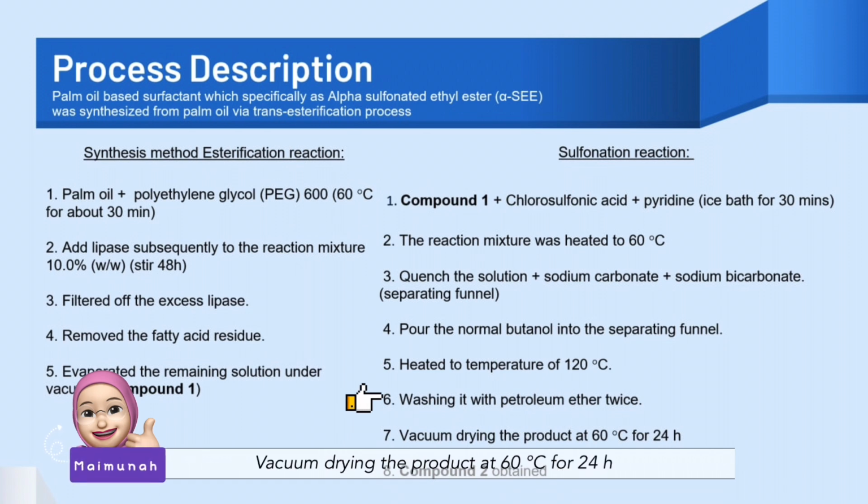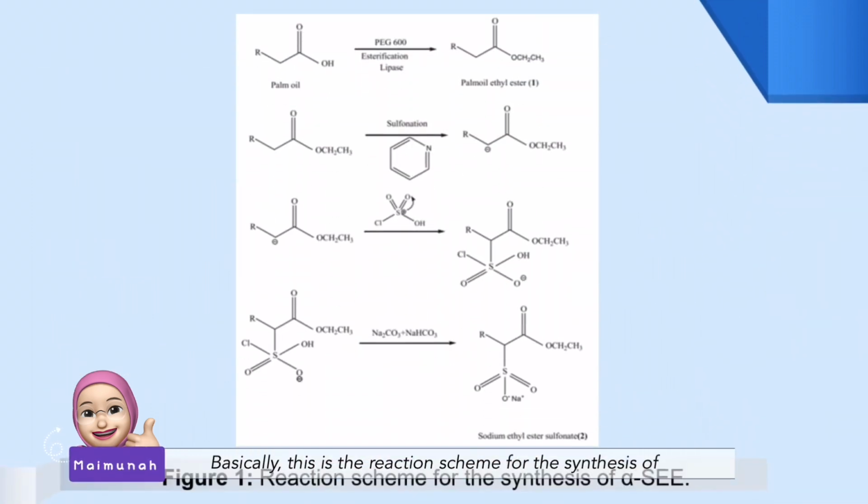Vacuum dry the product at 60 degrees Celsius for 24 hours in order to obtain the final wet solid product, which was characterized with FTIR and GC. Basically, this is the reaction scheme for the synthesis of alpha-sulfonated ethyl ester, which is the desired product.